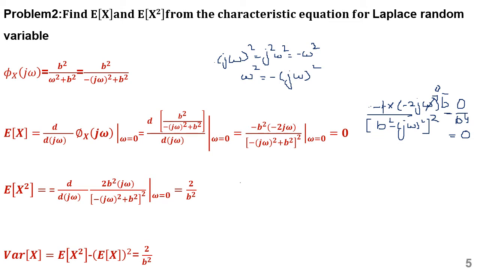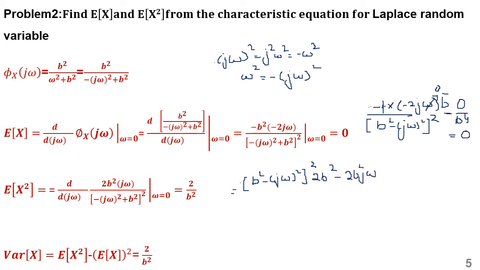When I differentiate this, I get b square minus (j omega) whole square, the whole square, and it is 2b square minus 2b square j omega.